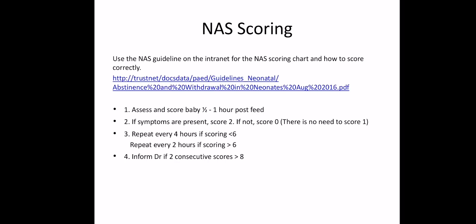One of the important things is that this isn't just a snapshot of scoring. You want to see this baby throughout those 4 hours. So even if you were to document at, say, 4 p.m., you would have wanted to see that baby a couple of times between midday and 4 p.m., to monitor how they were throughout that time.